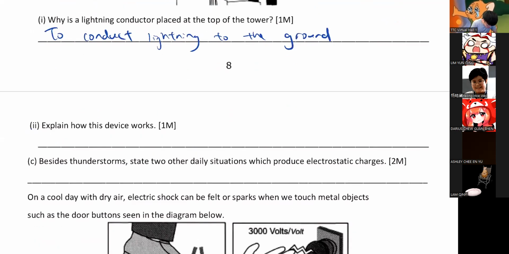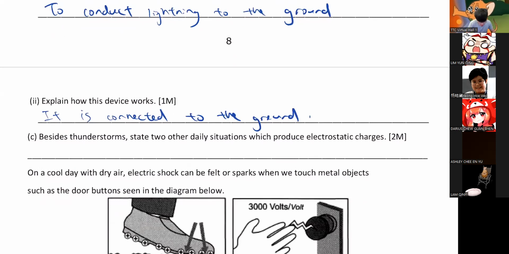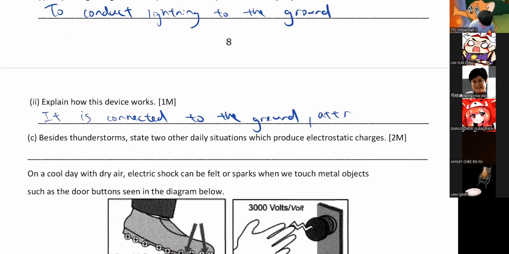You can say it is connected to the ground. It will attract lightning.